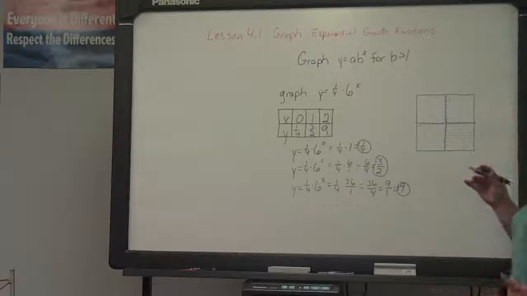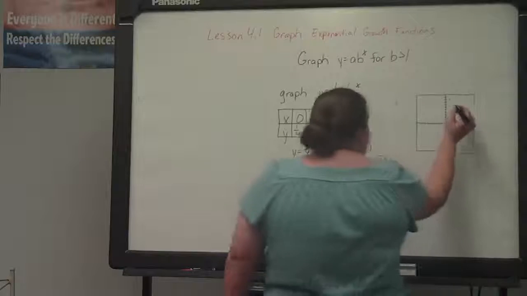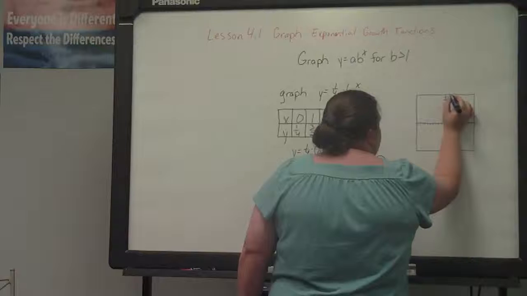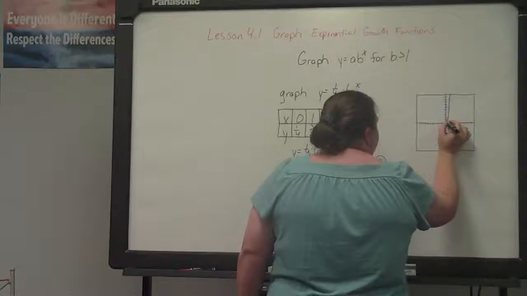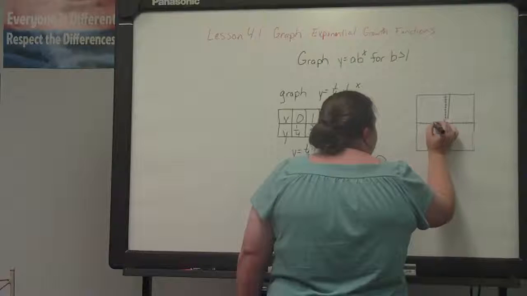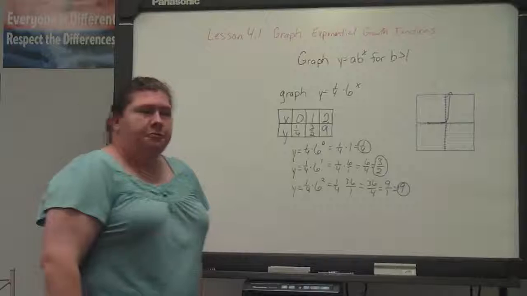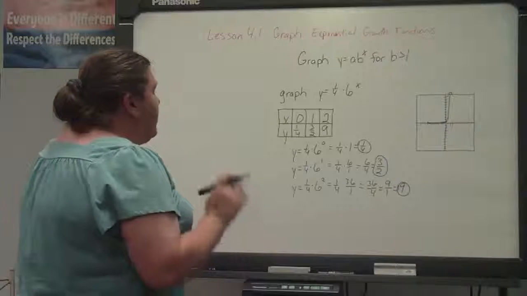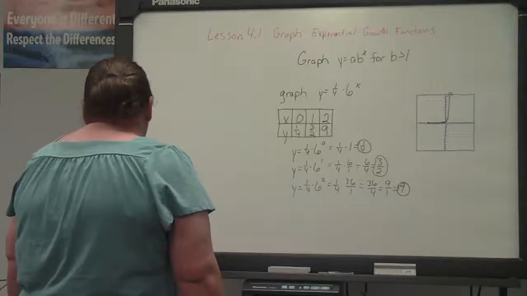And so now I have to connect my plotted points. It's going to look similar to this. And that is the graph of y equals 1/4 times 6 to the x power.